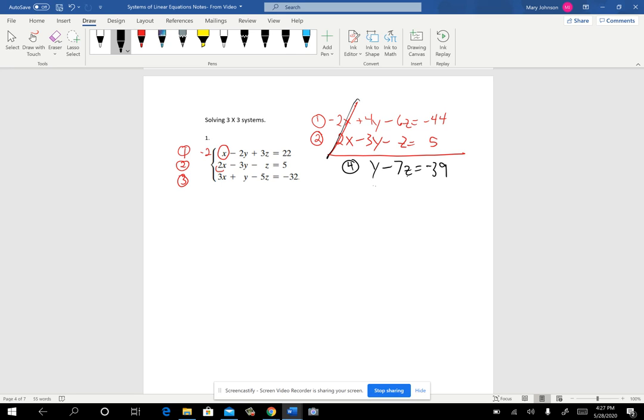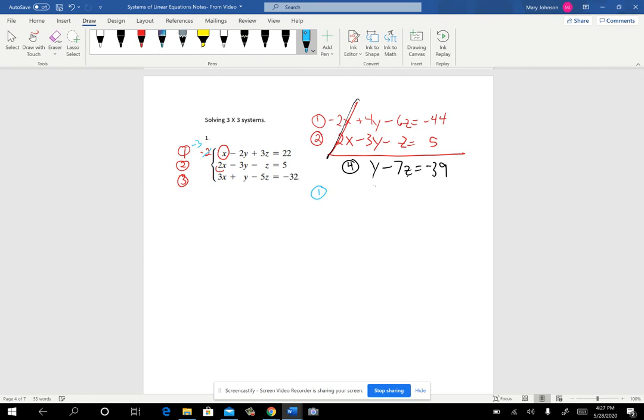Okay. So let me change to blue. What I'm going to do, I think I'll still use the first equation, but I'm going to put it together with the third equation. So instead of multiplying by negative 2, I'm going to be multiplying by negative 3. Okay. So that's going to give me a new first equation. Okay, so now I'm working on the next pair.